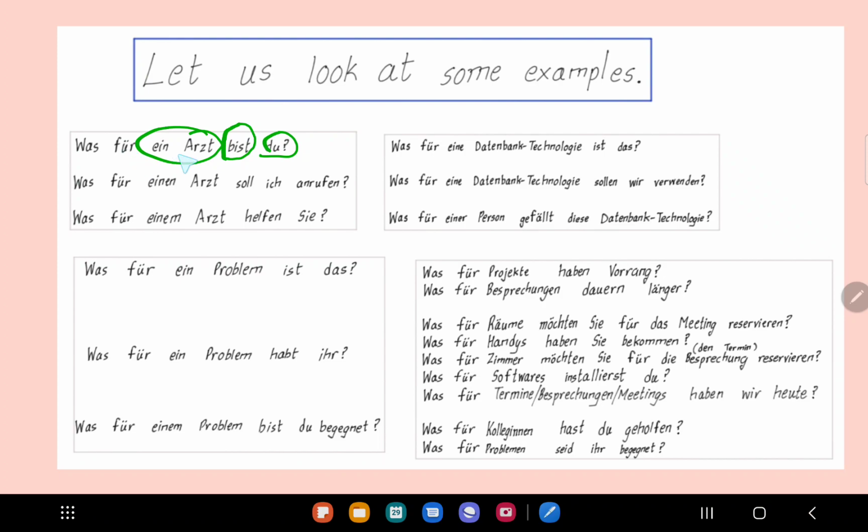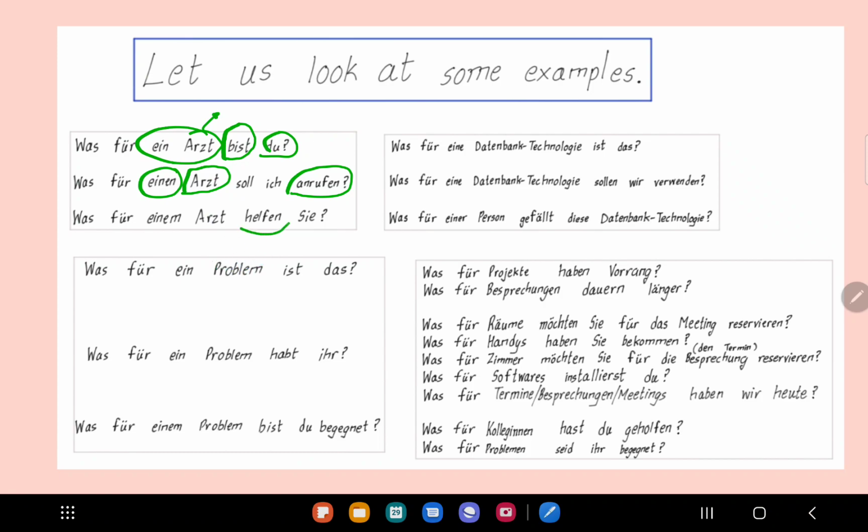So here it is ein, associated with an object in the nominative case. What about here? Einen Arzt soll ich anrufen? The verb is anrufen, and when you use anrufen, the first object will be accusative. The object is Arzt, masculine, and you use einen. So masculine accusative became einen.